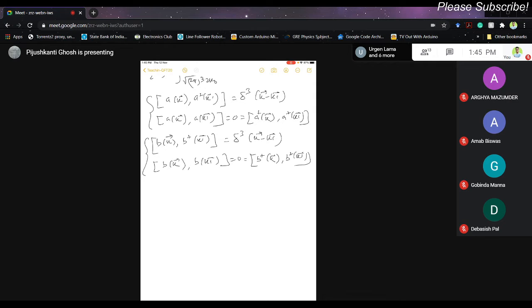Since these are independent oscillator modes, as in quantum mechanics, all other commutators involving a, b, a dagger vanish.